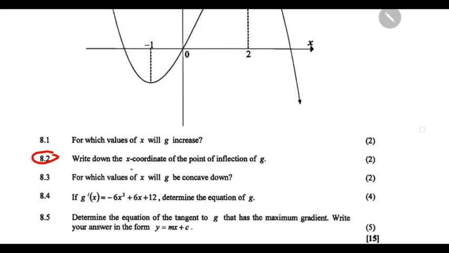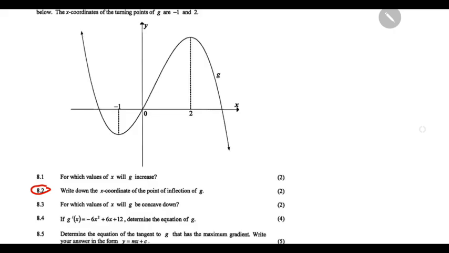Part 2 says write down the x-coordinate of the point of inflection of g. So we must remember, I can take the midpoint. I've got two turning points, and if I take the midpoint of these two turning points' x values, that will be my point of inflection.